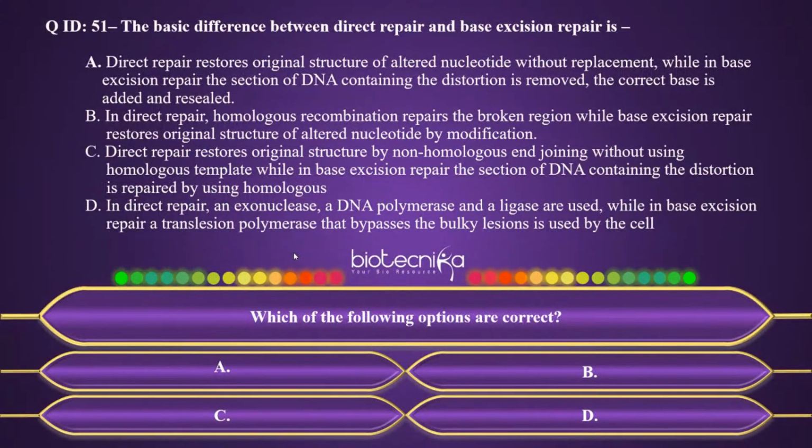So option A is the correct one, which says that the direct repair restores the original structure of the altered nucleotide without replacement. While in case of base excision repair, the section of the DNA consisting of the distorted base is removed, and the correct base is added and resealed again, right? So option A is the correct one here.